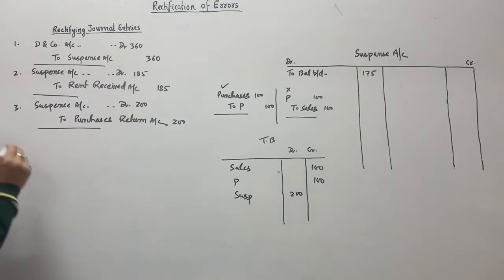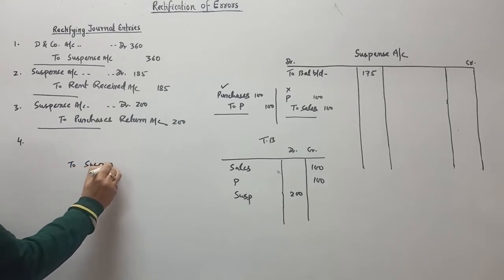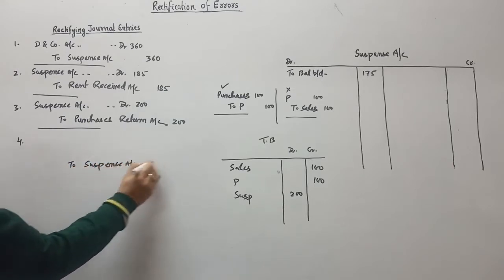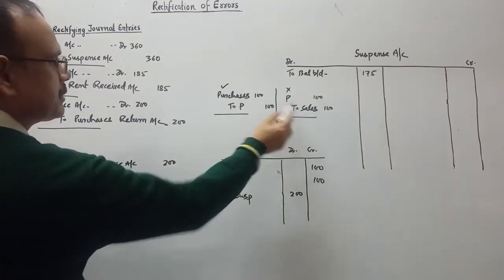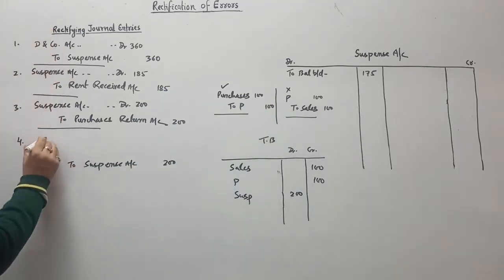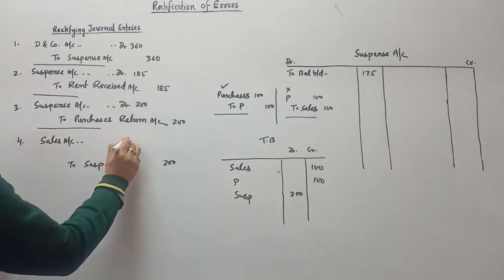So suspense is opened by 200. Now we have to cancel the suspense account. For cancellation of suspense we have to credit the suspense account first. Suspense account will be credited by rupees 200. Now coming to sales, it is wrongly credited, so we have to cancel the sales account. For cancellation we have to debit the sales account.